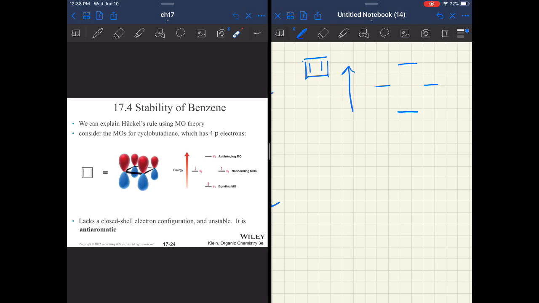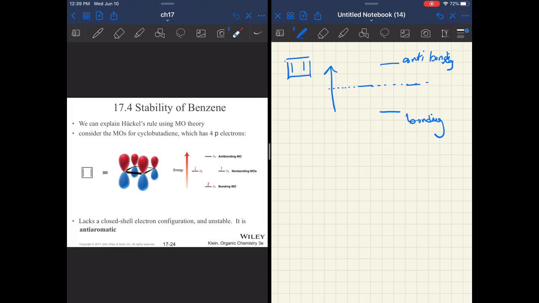Here we have 4. What's interesting about this one, we haven't seen this before. You have bonding that's lower in energy than the original atomic orbitals. You have anti-bonding, but you wind up with some orbitals that are equal in energy to the atomic orbitals. And those are considered non-bonding.